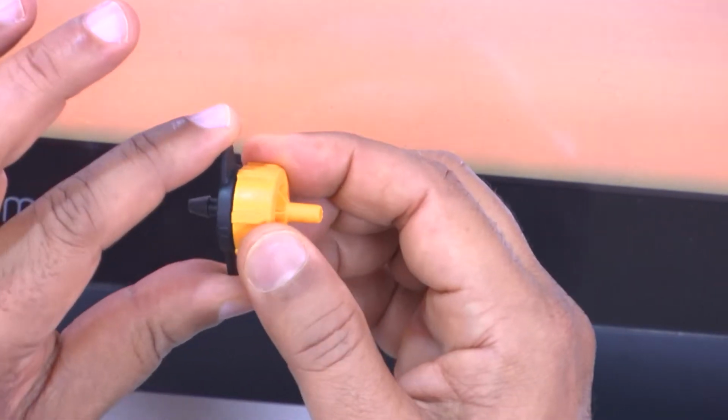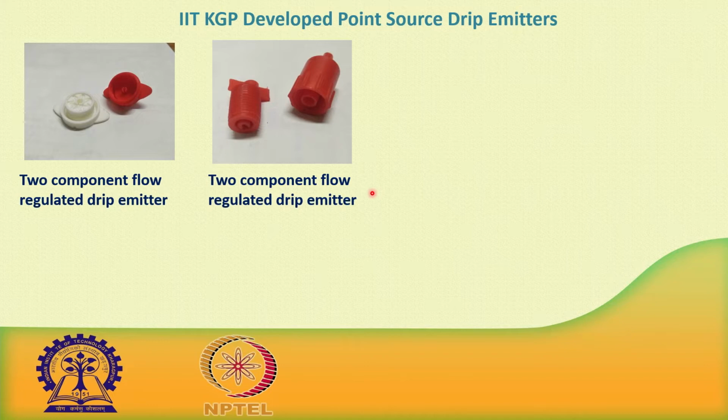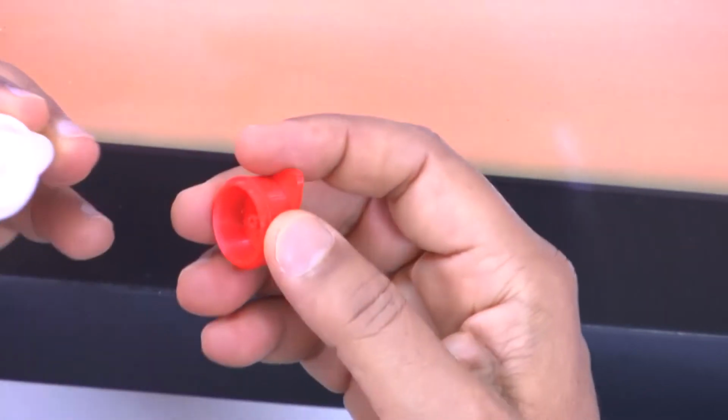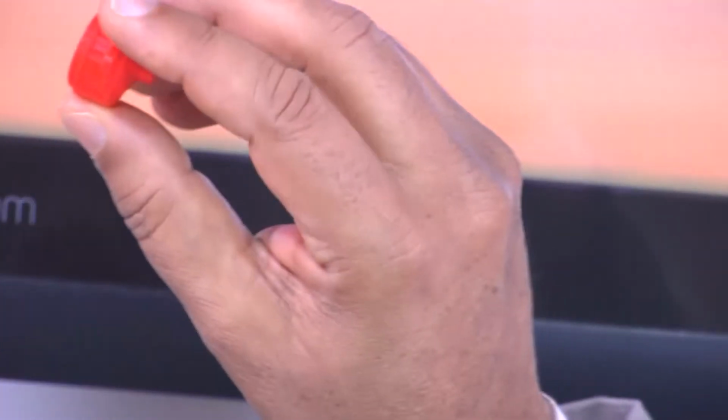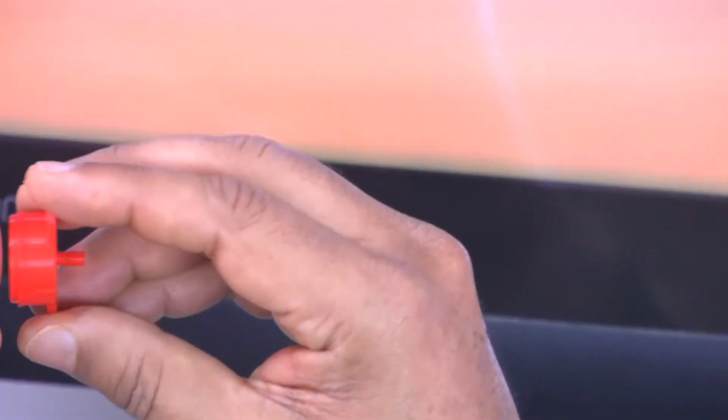So, we made some development, and instead of having 3 components, we made a 2 component dripper. This is again a barb, and this is the other component where we are removing it.